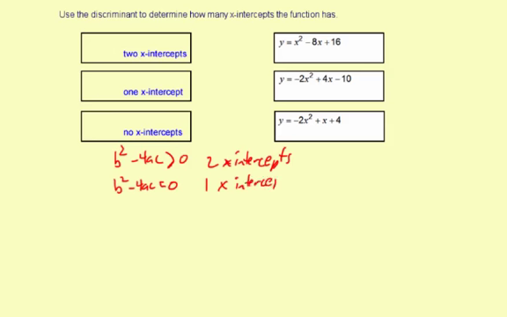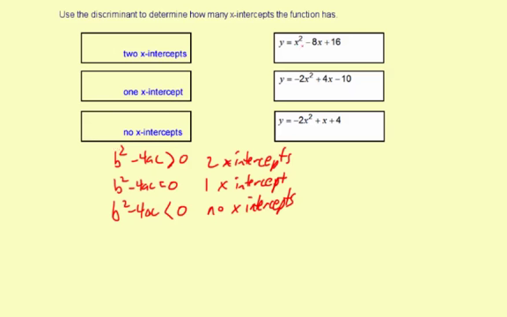And what that looks like on a parabola is the curve just barely comes down and touches the x-axis and then turns around. If b squared minus 4ac is less than 0, no x-intercepts. That means the parabola is either above or below the x-axis but doesn't cross it.